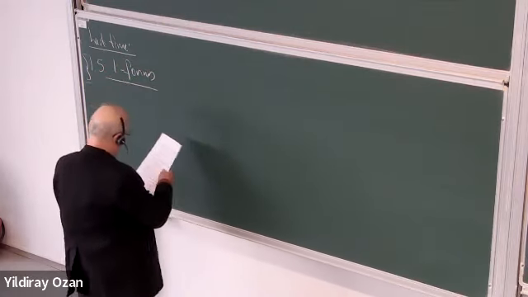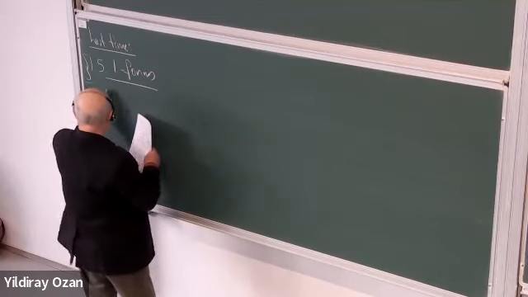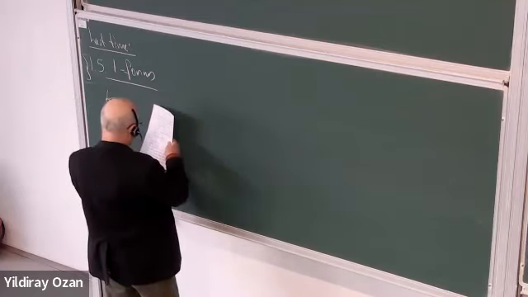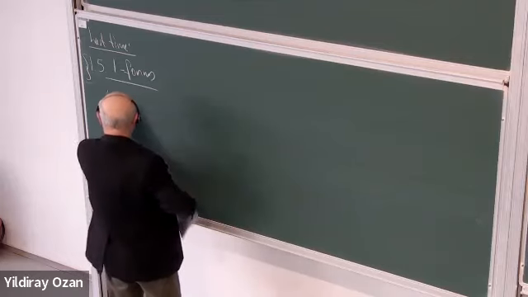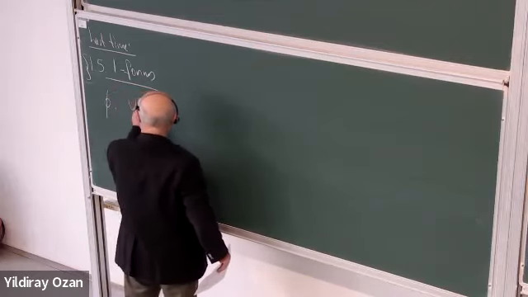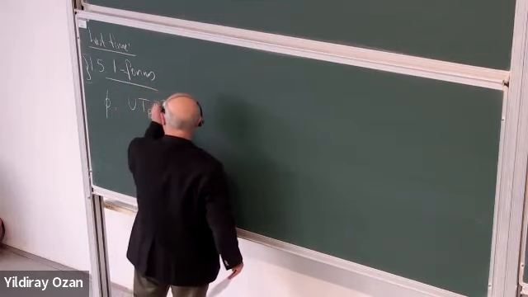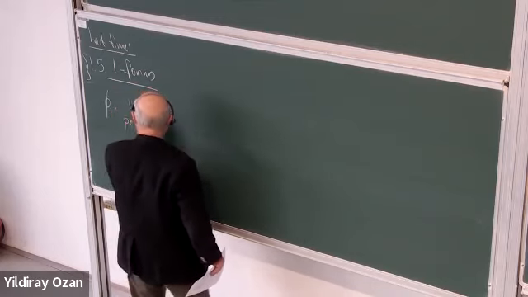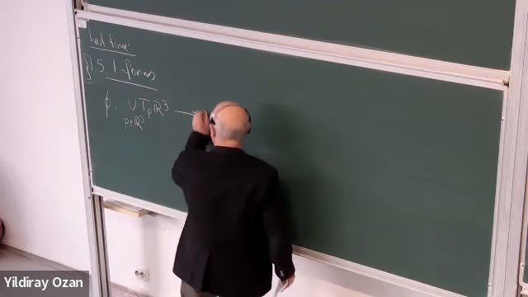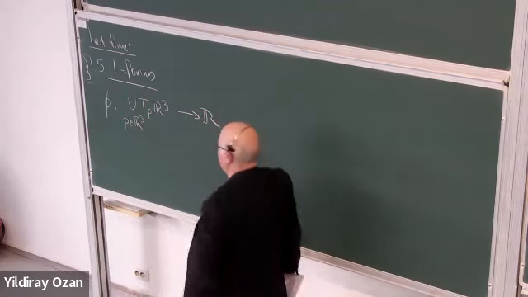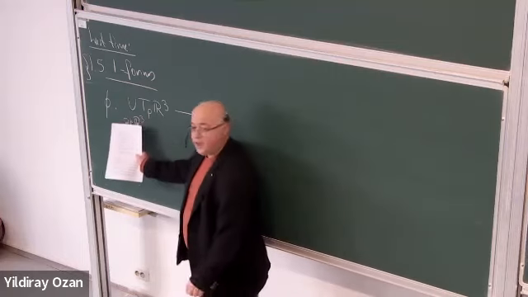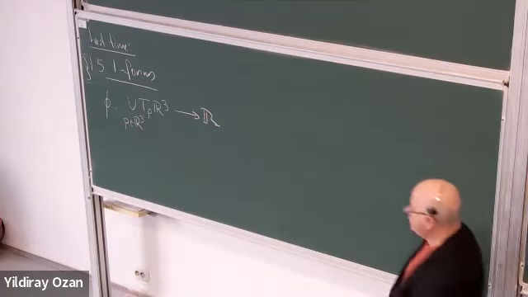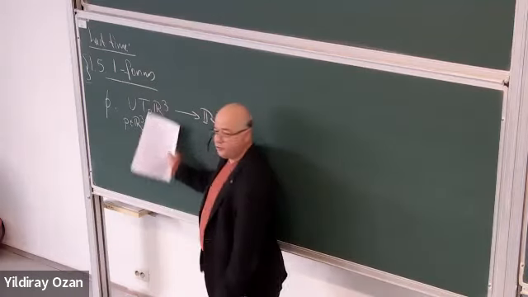What's the one form? One form is a function on the set of all tangent vectors, okay, and takes values in R. So it's tangent vectors at each point. So it is defined on this union, okay?